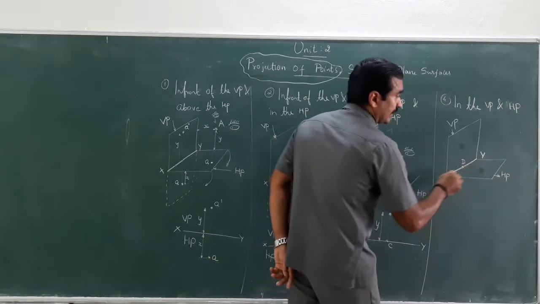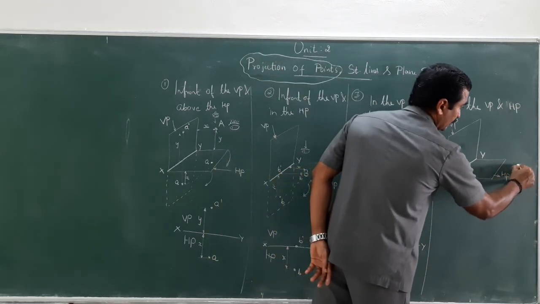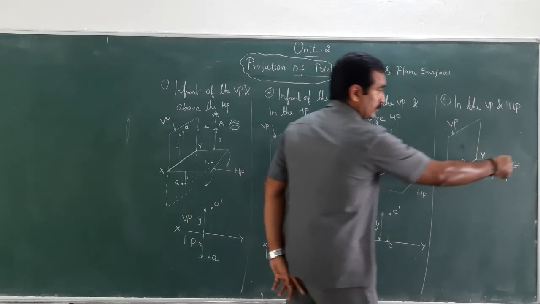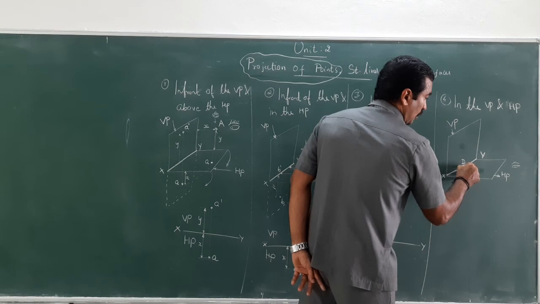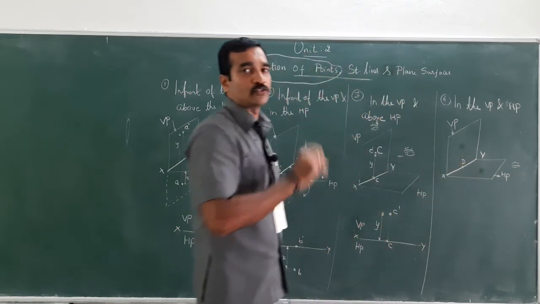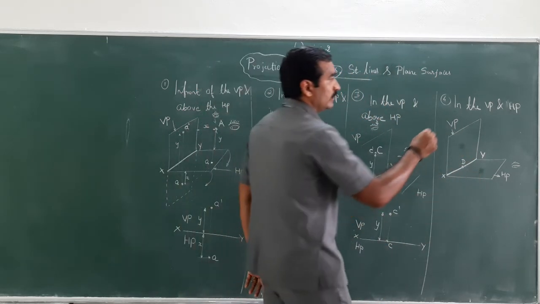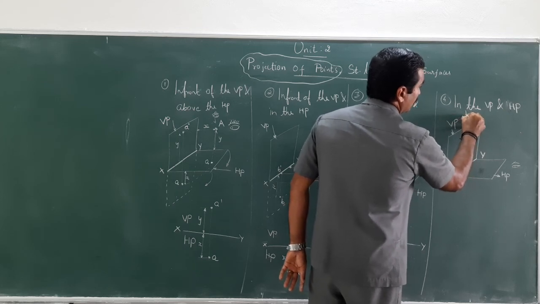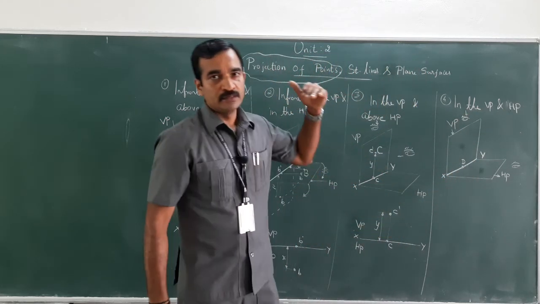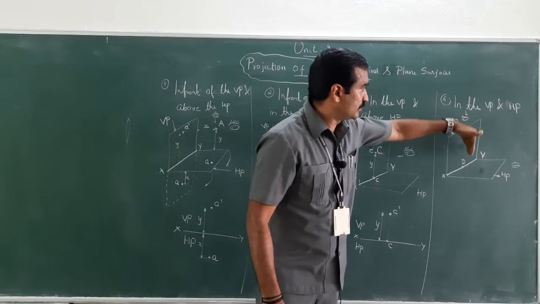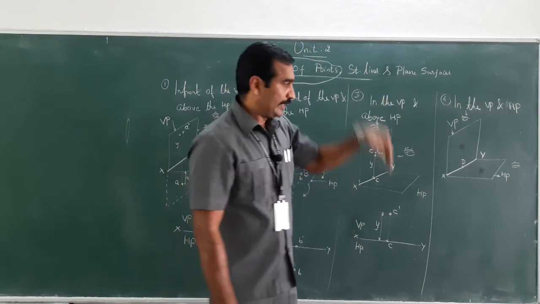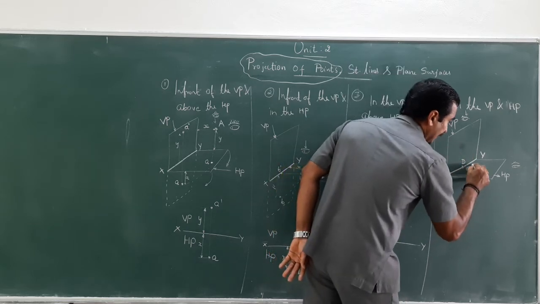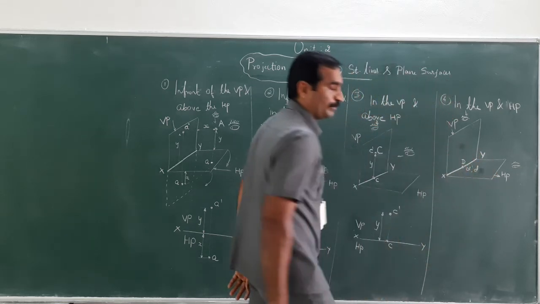So if the observer looks at this object from the front, this projection falls on the XY line. Similarly, if the observer observes this object from the top, a projection falls on the same line. So this can be D dash and D.